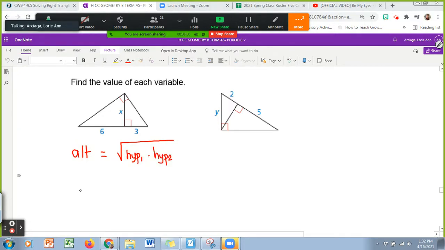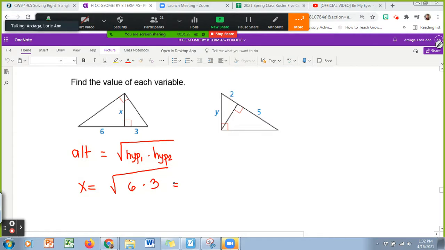So what's the final answer here? The letter on altitude is x, okay? And then what's hype 1? These can be interchanged, 3 times 6 or 6 times 3, it doesn't matter. So 6 times 3, right?